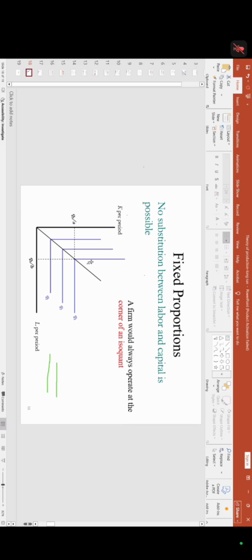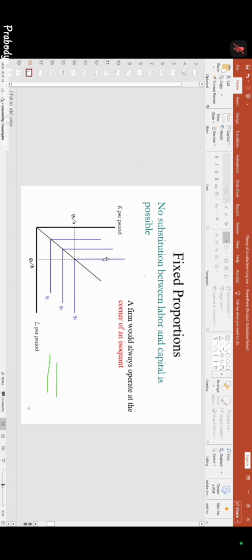So in such a situation, with no substitution between labor and capital, if the examination question asks you to draw the isoquant, you need to draw it like an L. And specifically point out that only at this corner of the isoquant will the firm operate.